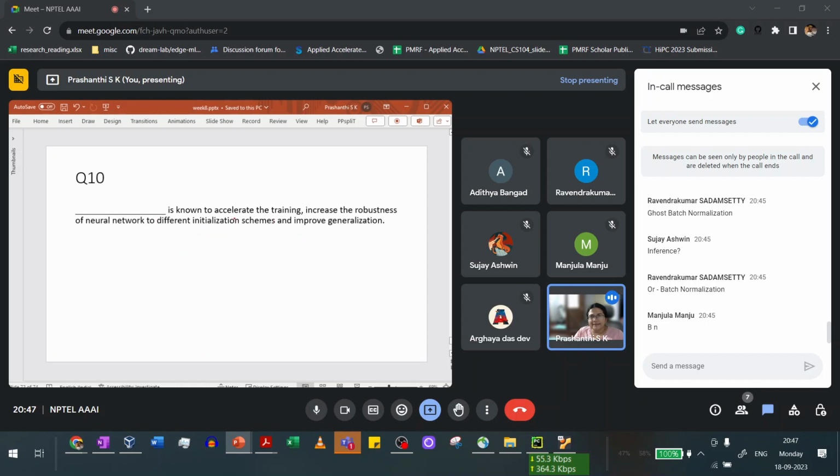Dash is known to accelerate training, increase robustness of neural network to different initialization schemes, and improve generalization. Batch normalization.